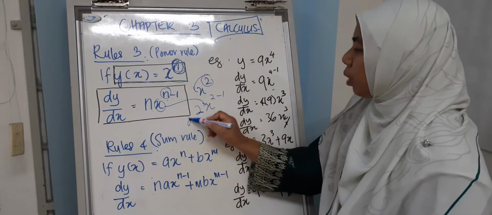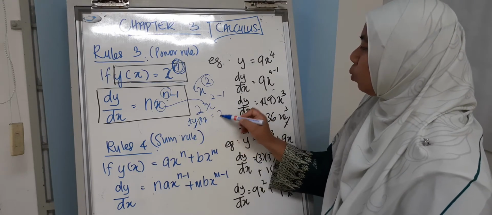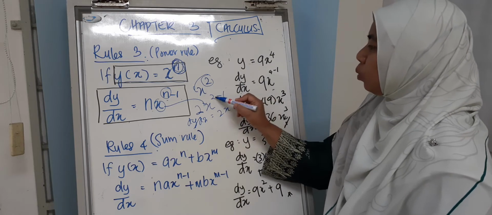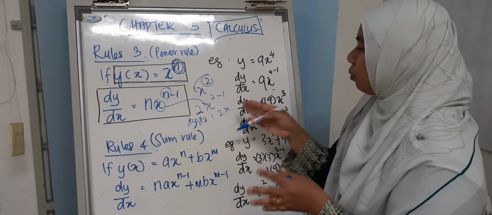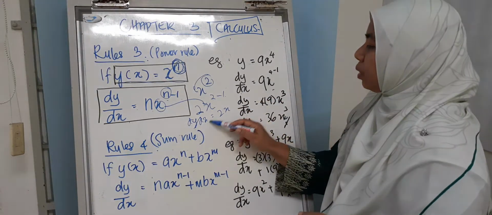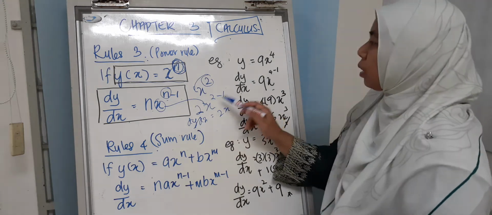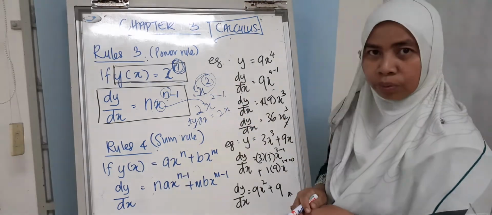So dy per dx will be 2x, because 2 minus 1 will be 1, so we leave it like this. So dy per dx equal to 2x, for example if the equation is x to the power of 2.